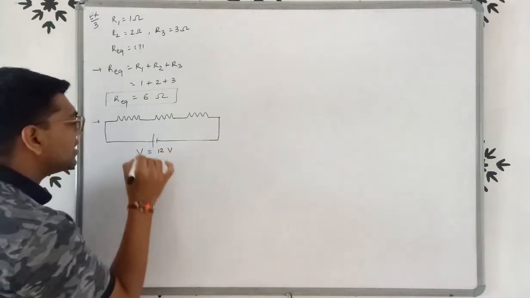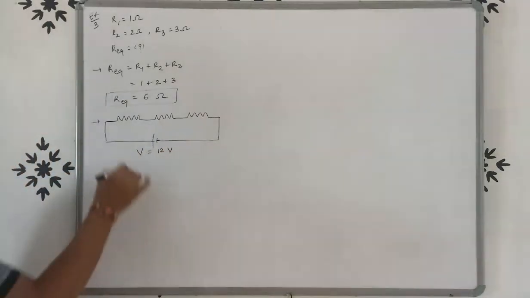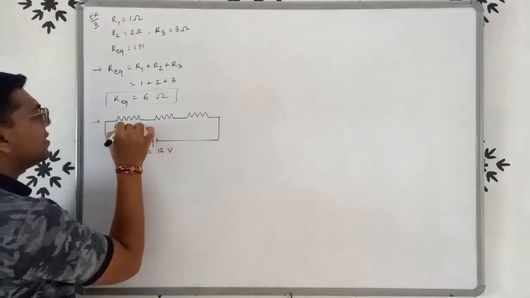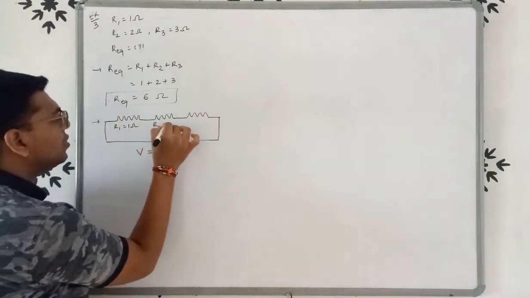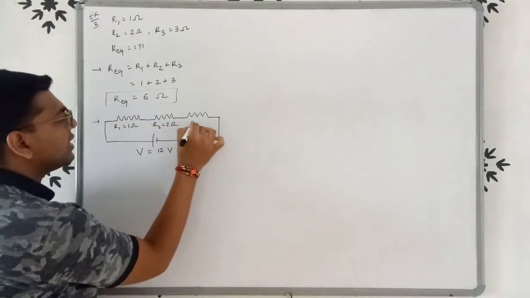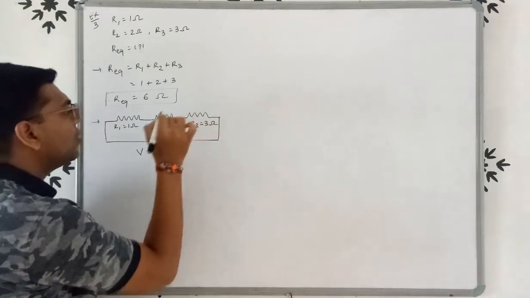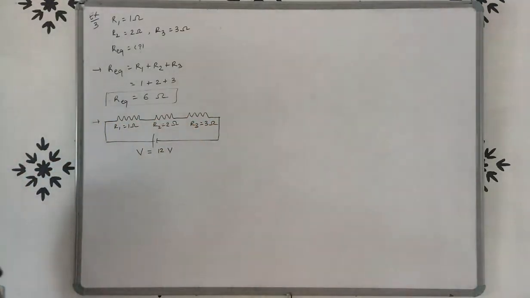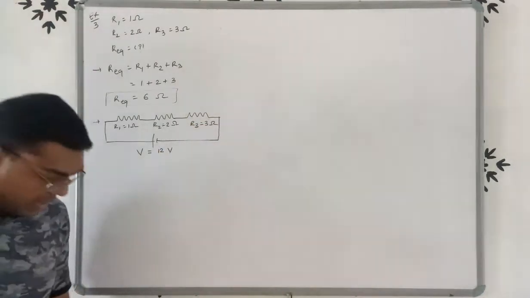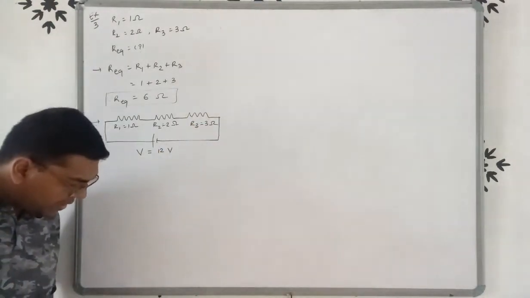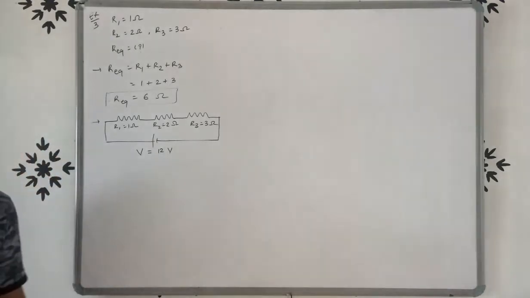So here potential V is equal to 12 volt. We know the value of R1 1 ohm, R2 2 ohm and R3 3 ohm. Right? Now here we have to find out the potential drop across each resistor.